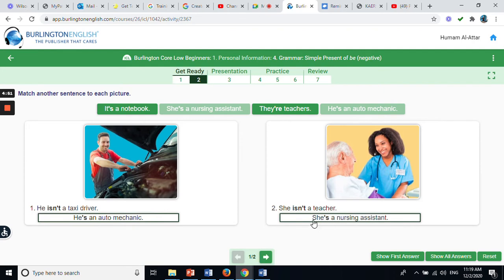We don't have anything that tells us this sentence is negative. No. This sentence is positive. She's a nursing assistant. She isn't a teacher, or she is not a teacher. Good. Thank you.